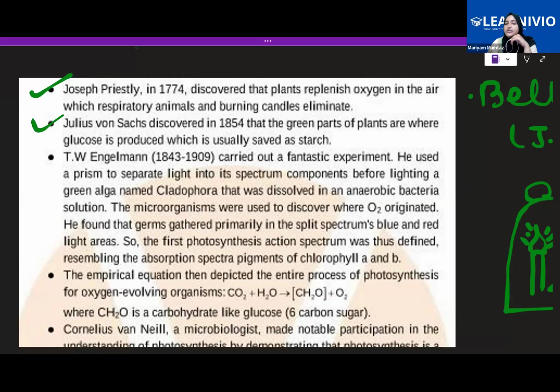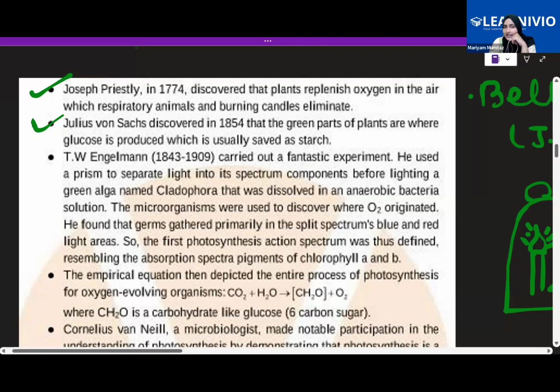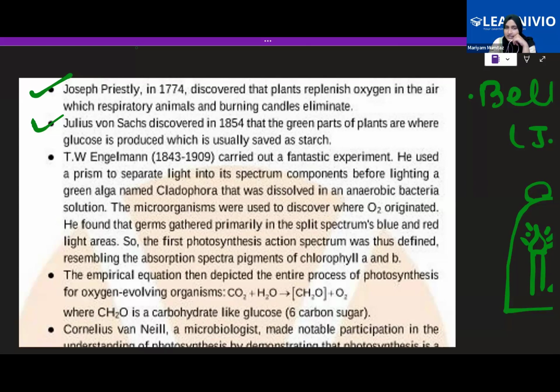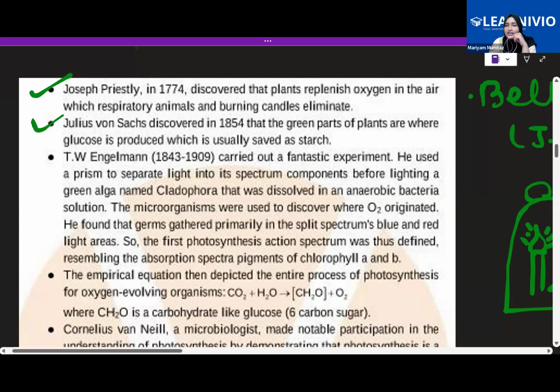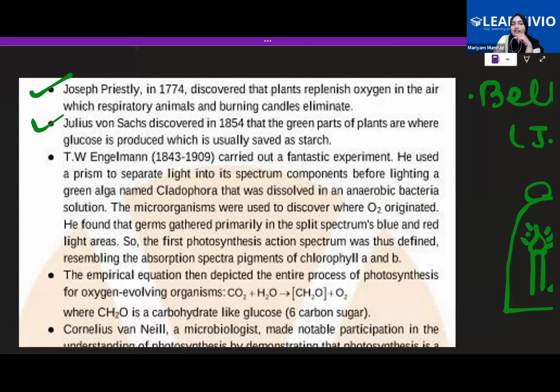He wanted to see in which spectrum of light photosynthesis takes place. You know that white light is a spectrum of 7 colors, VIBGYOR. So he took a prism and split the white light into its 7 different spectral components, and with that light he illuminated a green alga called Cladophora.